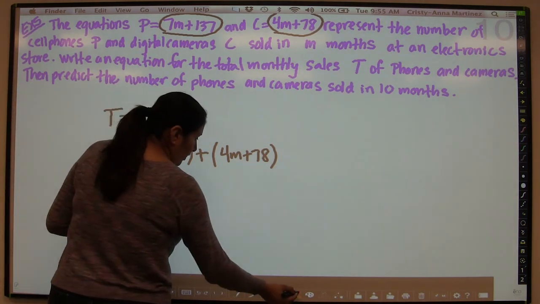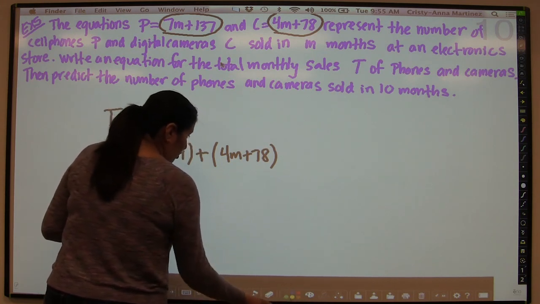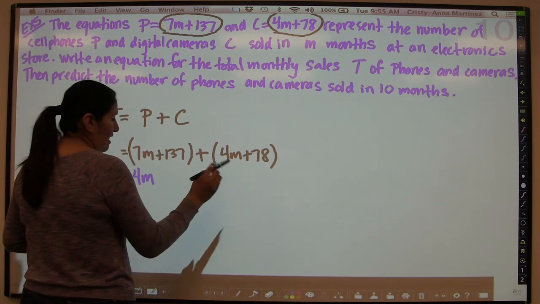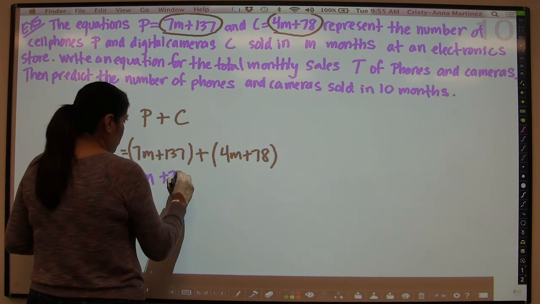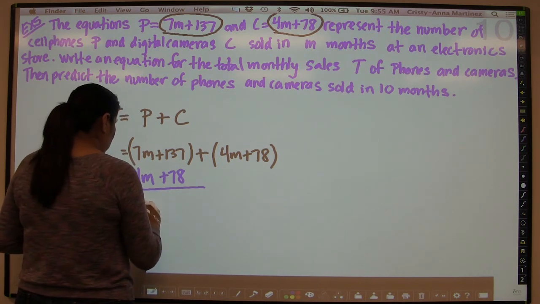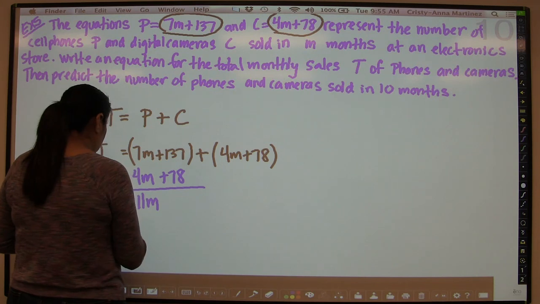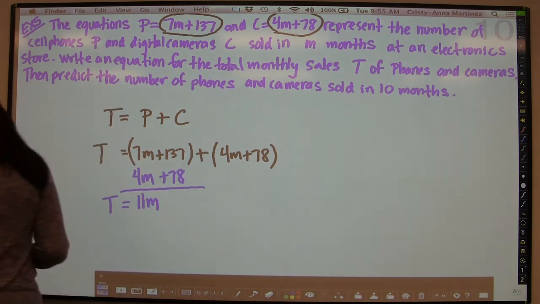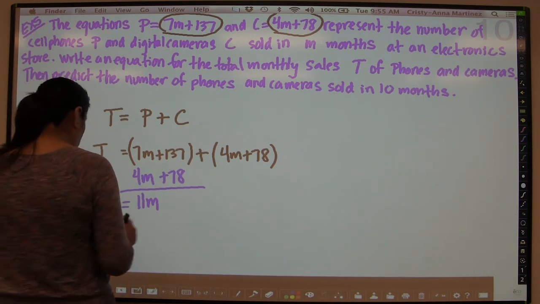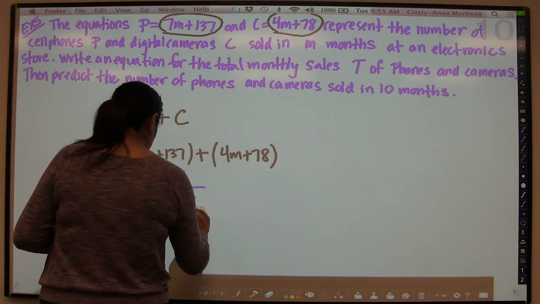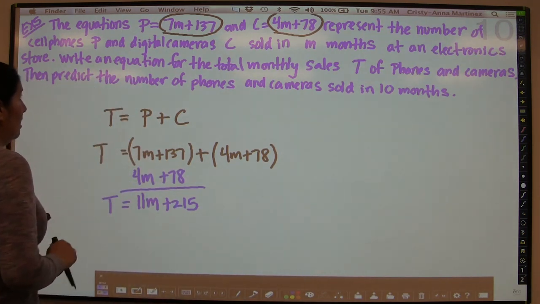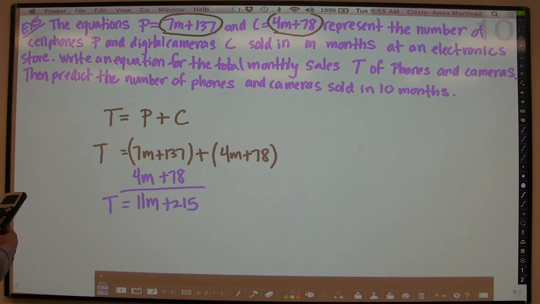And so again, if we use our vertical method, these 4m's are going to come over here with the 7m's, and these 78 are going to be over here with the 137. So 7m plus 4m is 11m. And then 137 plus 78 is going to give us 215. So this is now our equation of the sum of both phones and cameras for the total monthly sales.